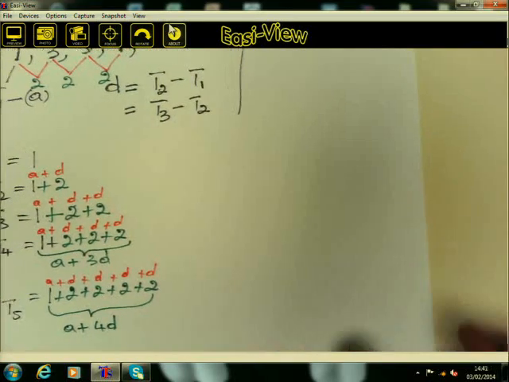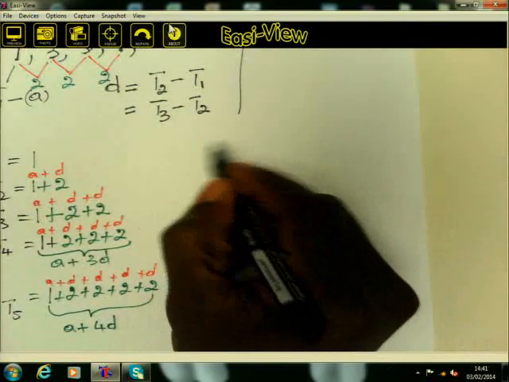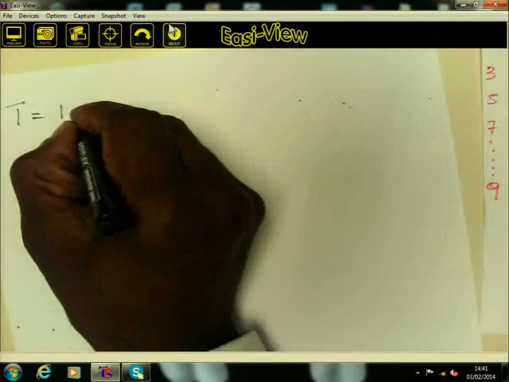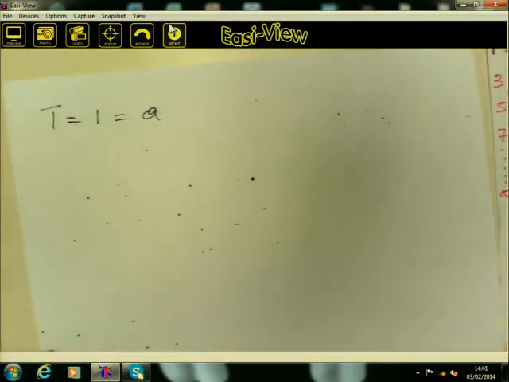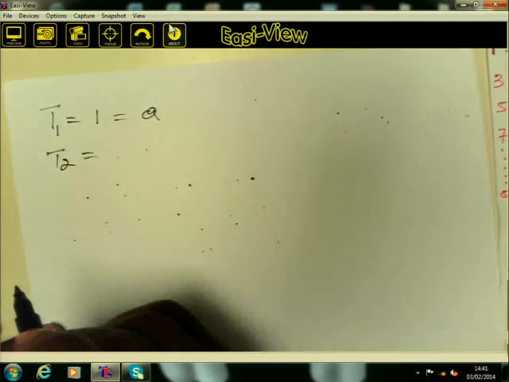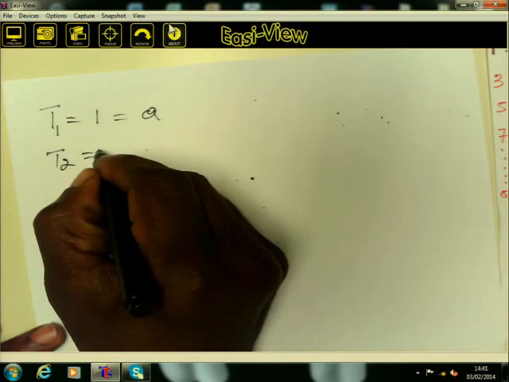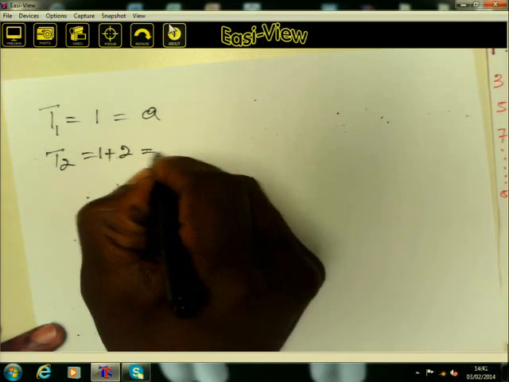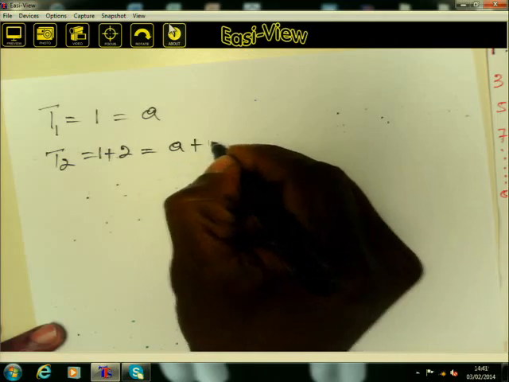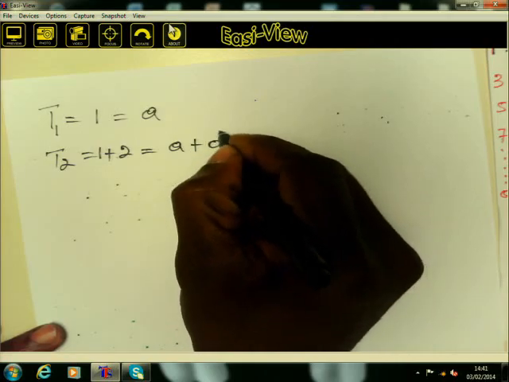Right. Now let's write it well so that we realize the pattern that we are talking about. We just said T1 is equal to 1, which can be represented by A. T1 is equal to A. T2, which is term number 2, will be 1 plus 2, which can be represented by A plus 1 difference.